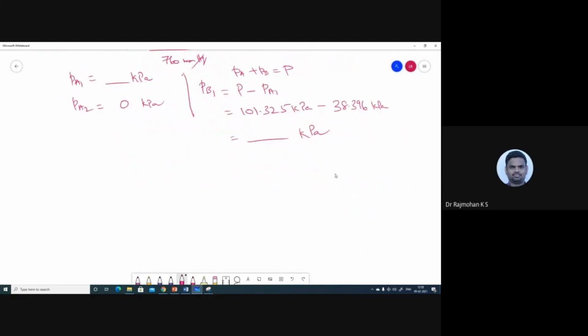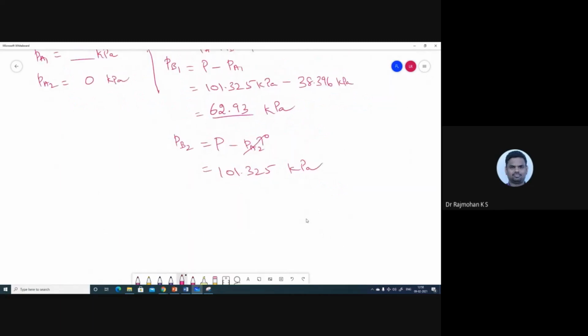Okay, how much? 62.93. Okay, so PB1 we have this, and what is PB2? P minus PA2, which is 0. So therefore we have total pressure, 101.325 kilopascal.